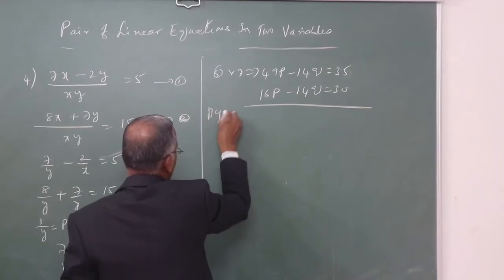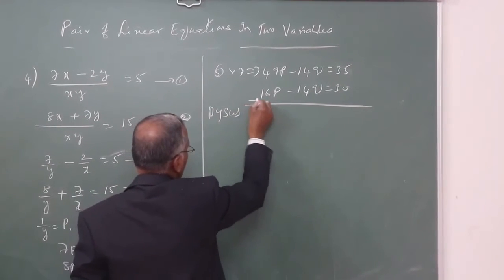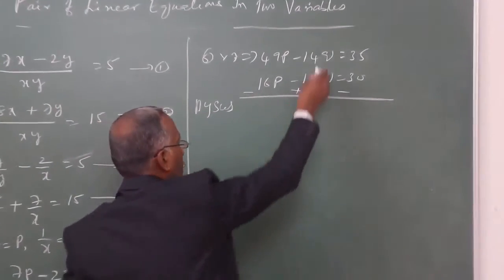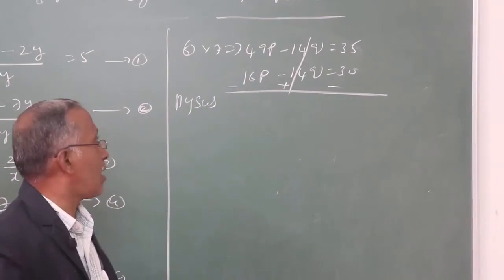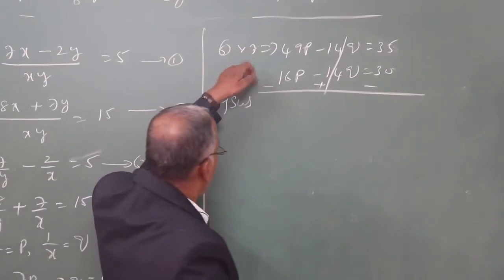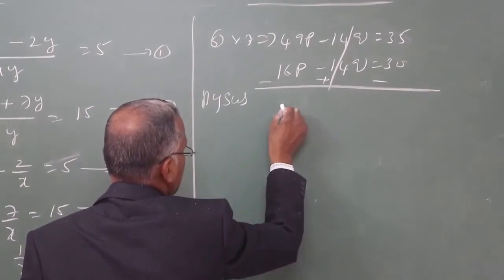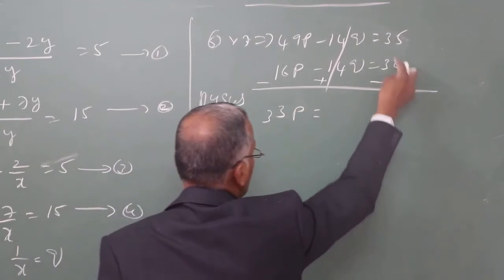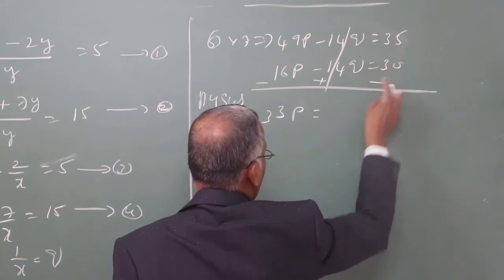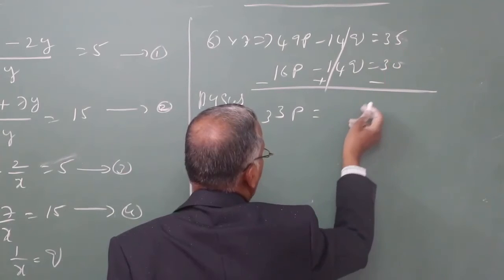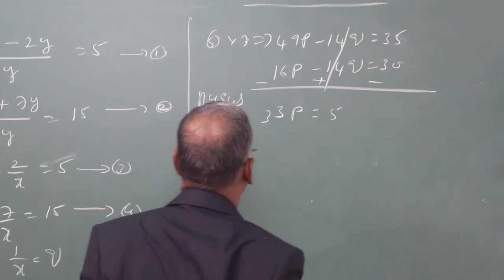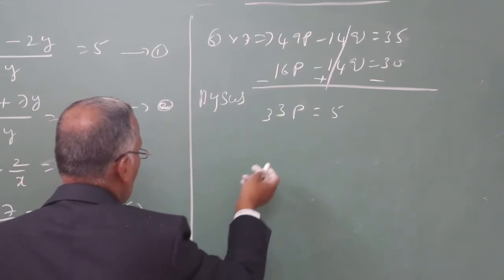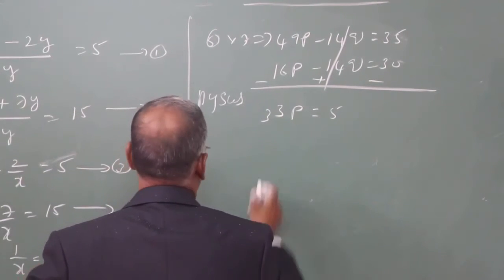While subtracting you have to change the signs, minus, plus. Plus 14q and minus 14q get simplified. 49 minus 16 is 33p, is equal to 35 minus 30, is equal to how much can you get now? 5 you can get now. If I solve this, p is equal to how much can you get? Value.